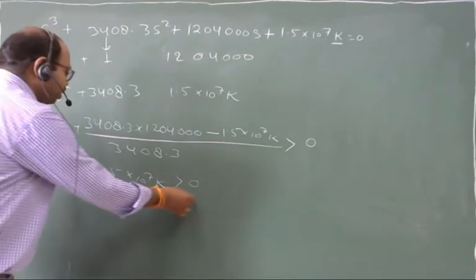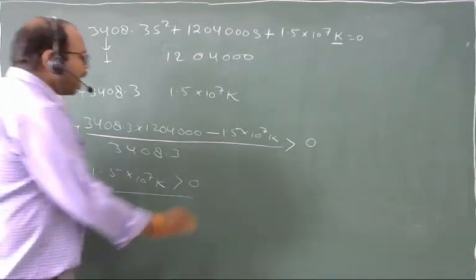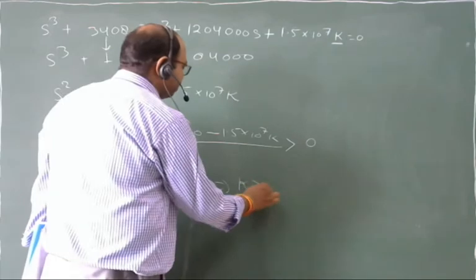So from here, what is the condition? From here, I have the condition that k should be greater than 0.